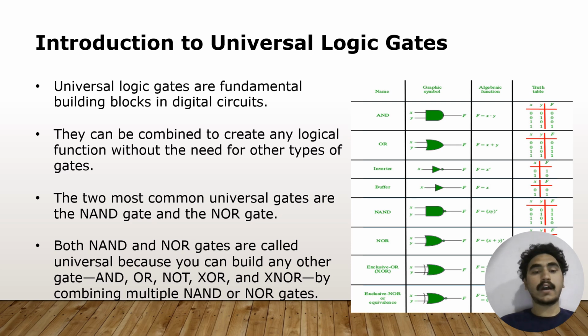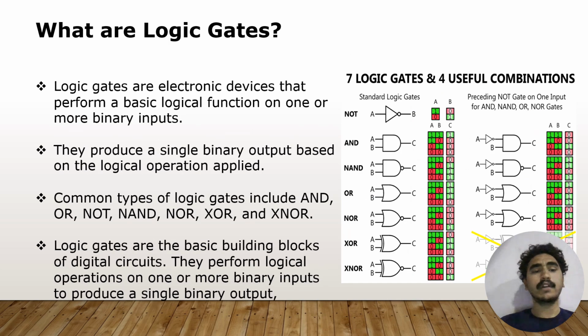Both NAND and NOR gates are called universal because you can build any other gate, AND, OR, NOT, XOR and XNOR, by combining multiple NAND or NOR gates. You can see what logic gates are. Logic gates are electronic devices that perform a basic logical function on one or more binary inputs.